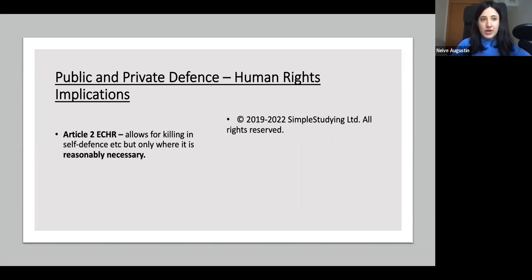As we said, with every argument you make, you need to cite the relevant authority. Also, there are some human rights implications, like Article 2 of the European Convention on Human Rights, which allows for killing in self-defense, but only where it is reasonably necessary.